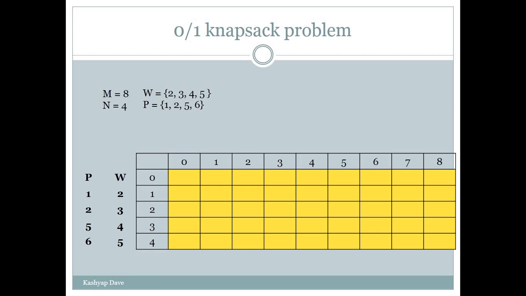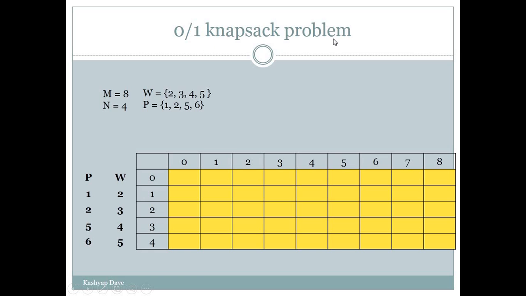We cannot take item 5 as parts 2 and 3. We cannot take item 4 as 3 and 1. We cannot do partitions or fractions of an item. Either we take it, which means 1, or we do not take it, which means 0. That is the meaning of the 0-1 knapsack problem.